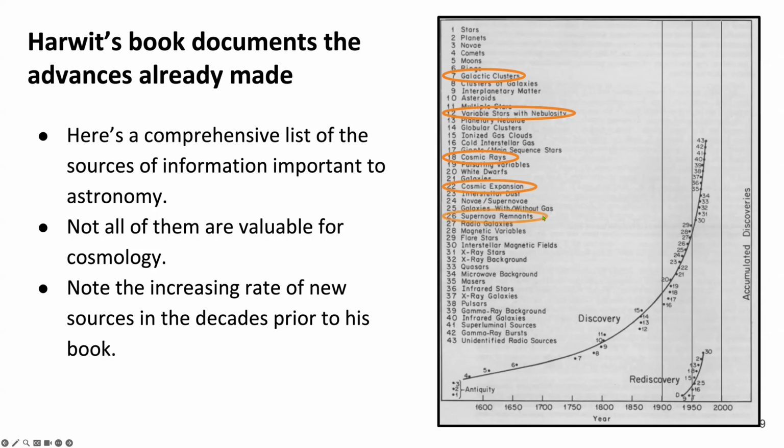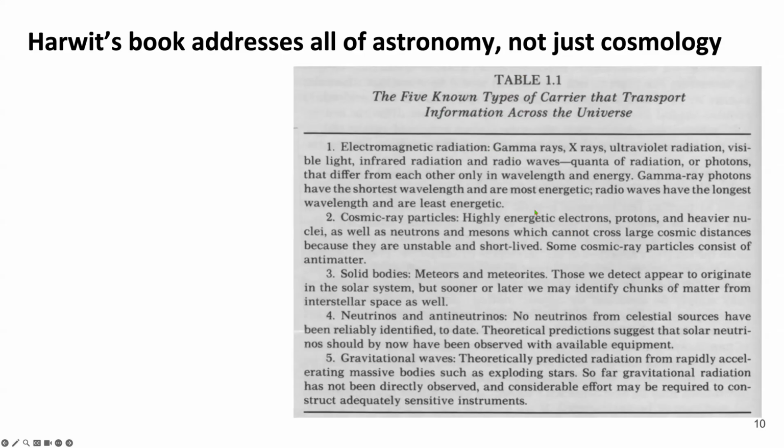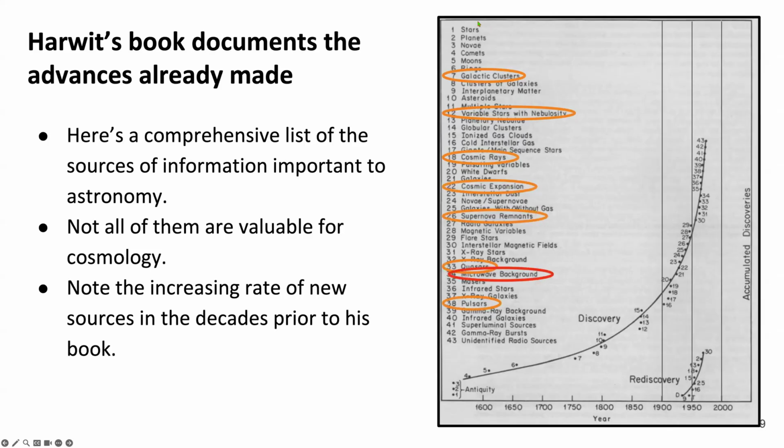Understanding cosmic expansion, supernova remnants. And so I'll just click on these and you see various things. I highlighted this particular one, the red one, microwave. That's the cosmic microwave background. That understanding of it was in its infancy when Martin drew this piece of artwork 40 years ago.